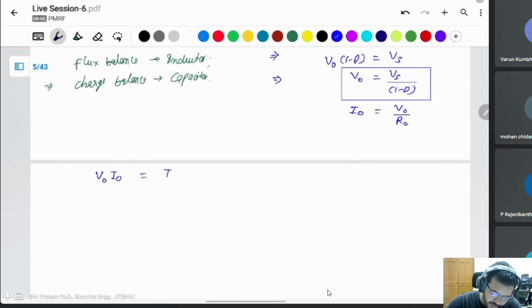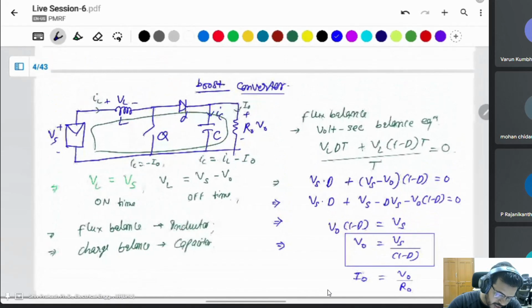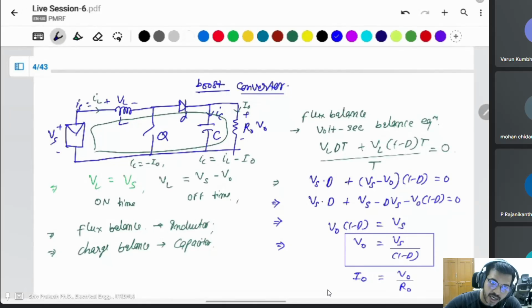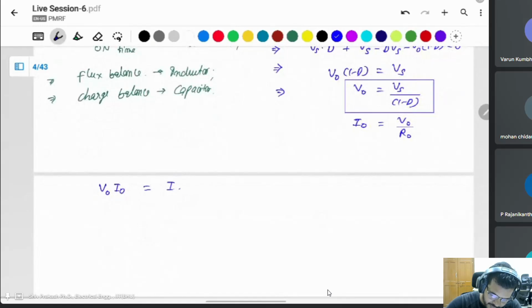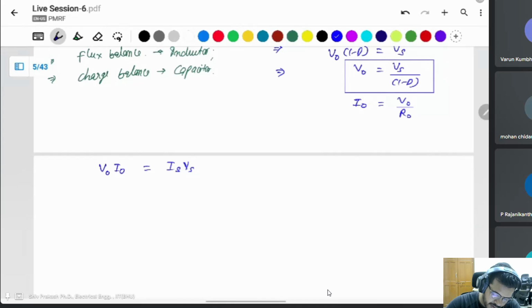This is the input current as Vs, and you can take it as Is, which is also the same as the IL in this case, Is into Vs. The output current is V naught divided by R naught.